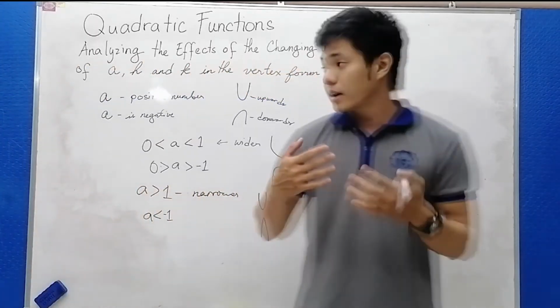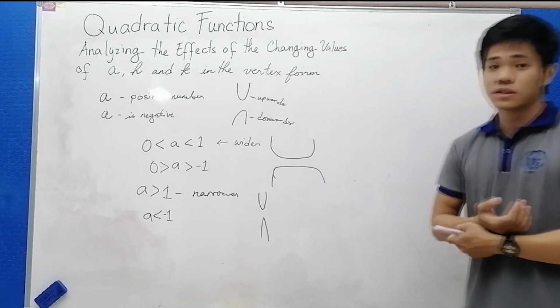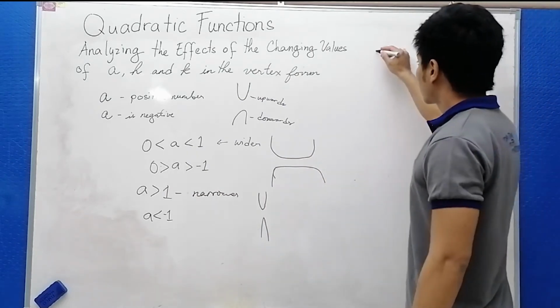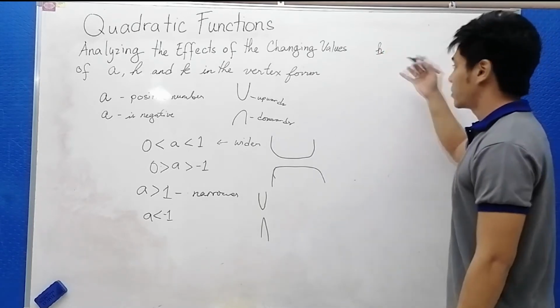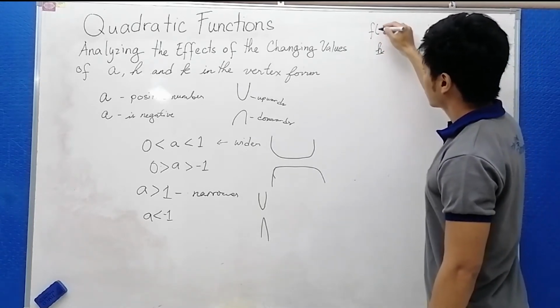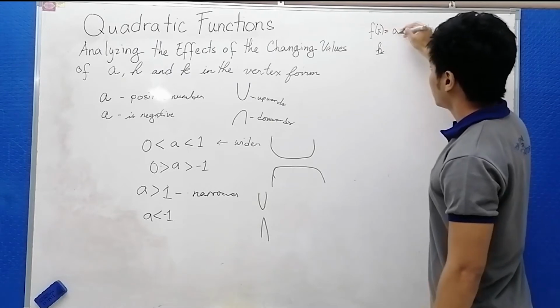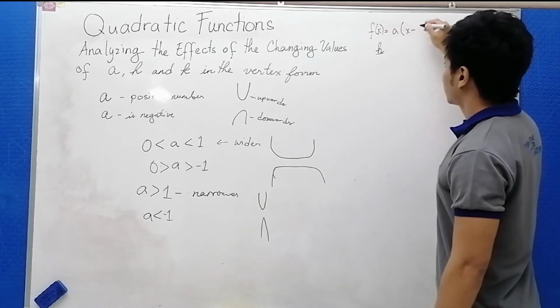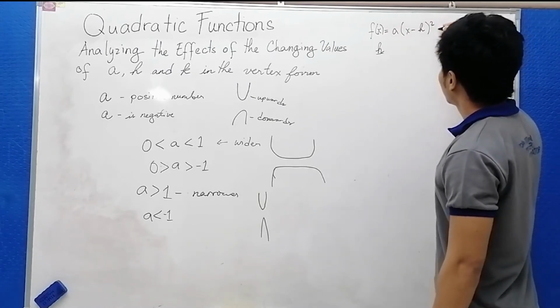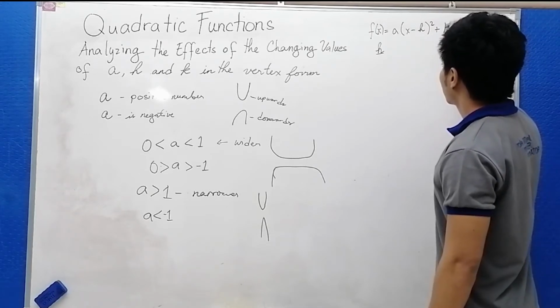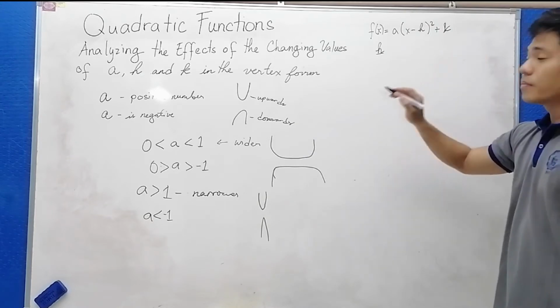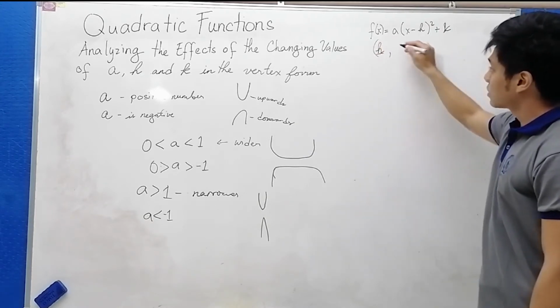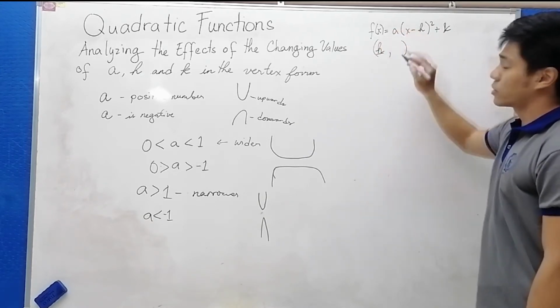How about for h? What can we identify for h? If we look at the vertex formula, remembering our vertex formula, we have f of x equals a times (x minus h) squared plus k. So h here in the vertex form is the x term in the coordinates, right?